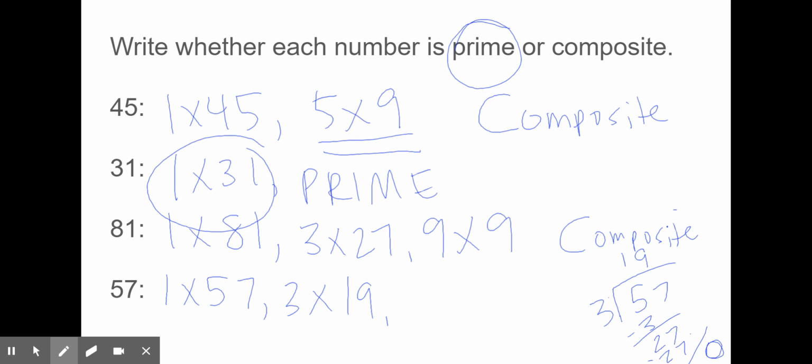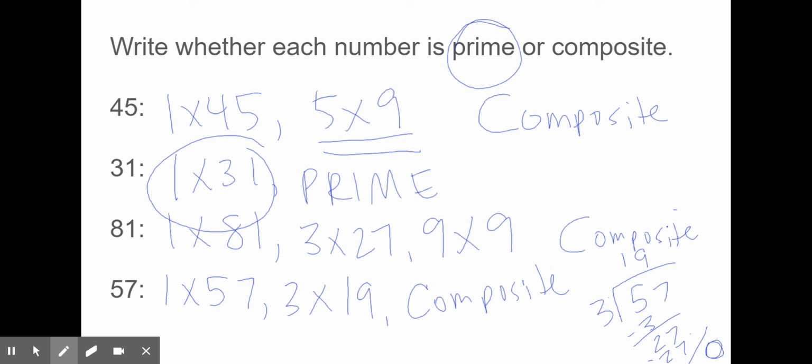Okay, so we have 3 times 19. We could continue to check, but once we get into more than one factor pair, we've already learned that 57 is composite. Because the direction doesn't say to list all the factor pairs.